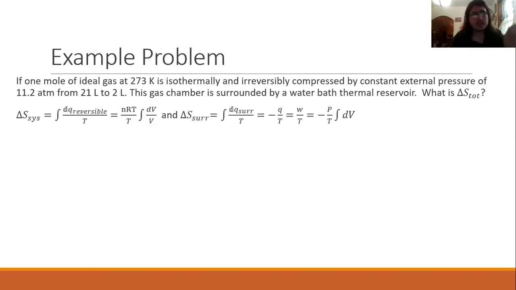It's done at constant pressure, isothermal compression. Q reversible, Q is equal to what? nRT, because Q is done at a constant pressure.